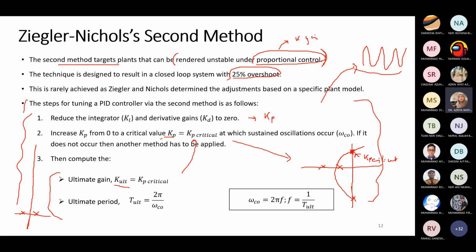And then we can evaluate the T ultimate, the period, which is given by this formula, 2 pi over omega C naught, since the general formula of omega is given by 2 pi F. So T ultimate is equal to 2 pi over omega C naught. Omega C naught can be obtained at the Kp critical.